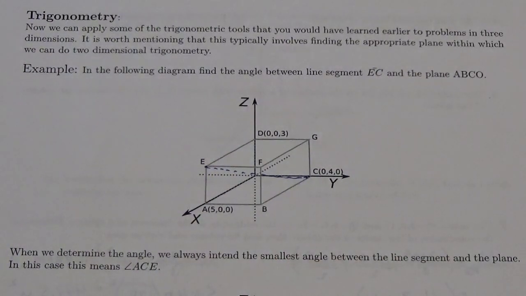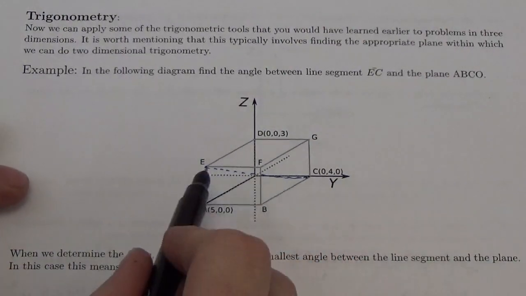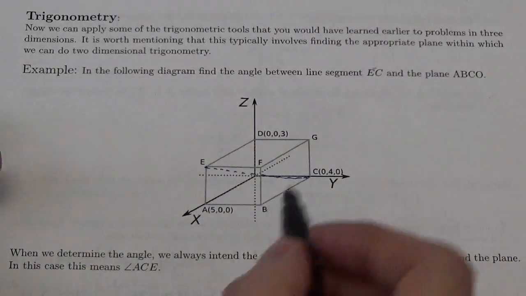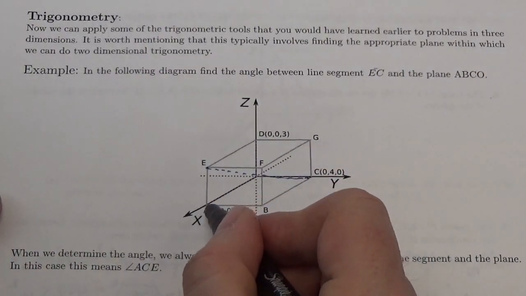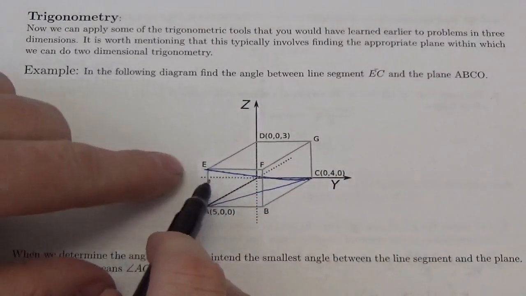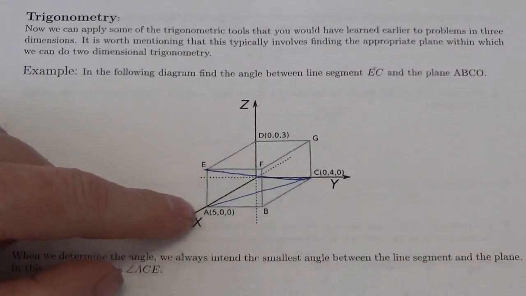You could get kind of lost in this little problem, but the most obvious thing they want you to figure out is the angle between this line and the line in the plane that's directly below it, in the direction of the plane. So it would be AC. Really what we're trying to figure out is the angle between EC and AC.